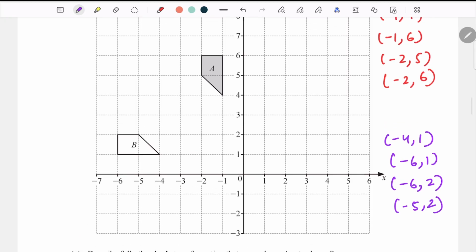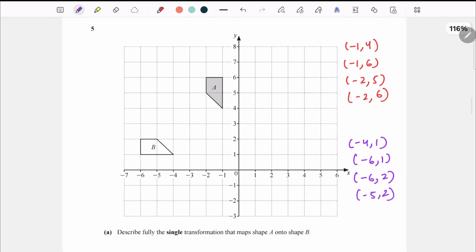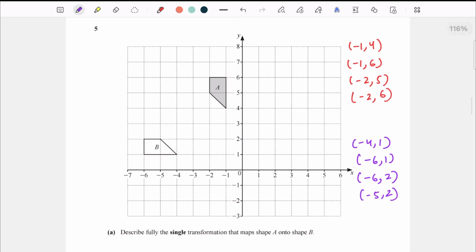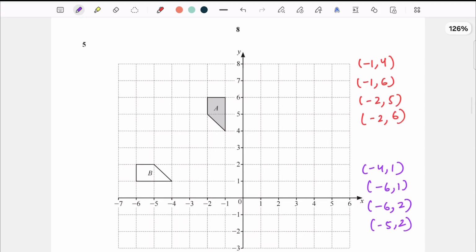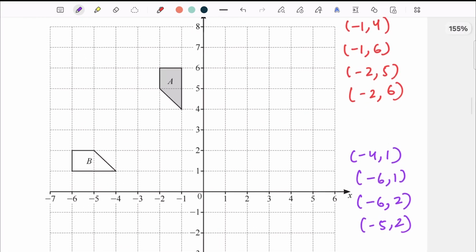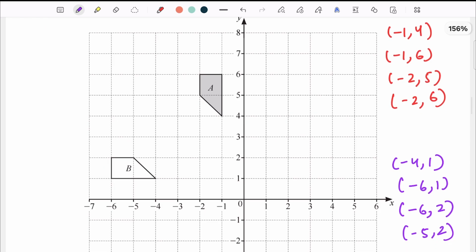So basically I can see that A and B are reflections of each other. What I don't know is what the line of reflection is. To recognize it, I'm going to look at the trend with which the coordinates are changing.